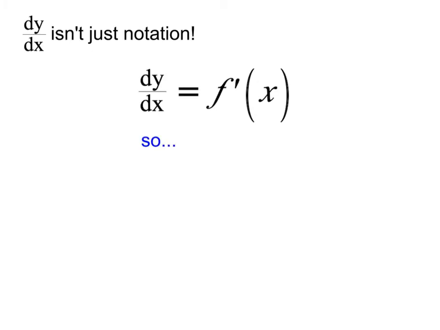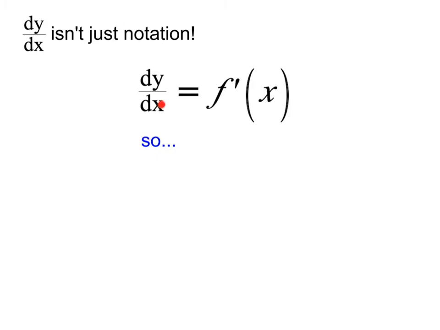In order to do that, though, I got to bend your brain just a little bit, which I must admit I don't mind doing. All along, up to this point, we've been using this notation of dy over dx. And we've been saying, okay, that's just the same notation as saying f prime of x, or y prime. It means the same thing. Well, it does mean the same thing.